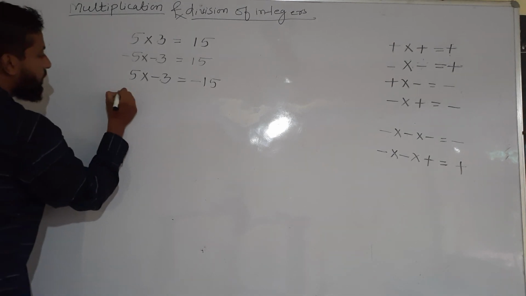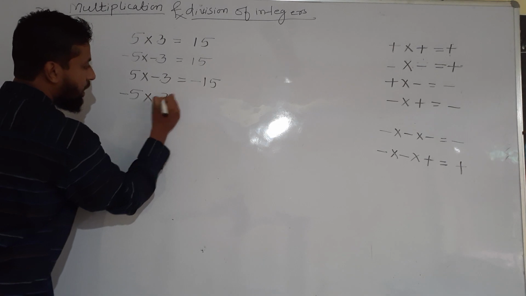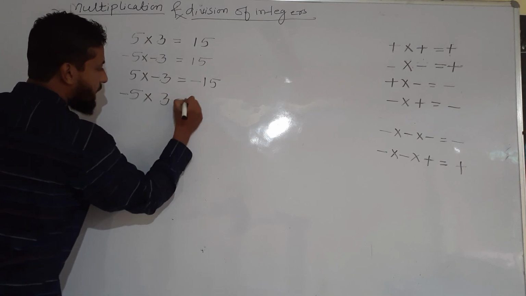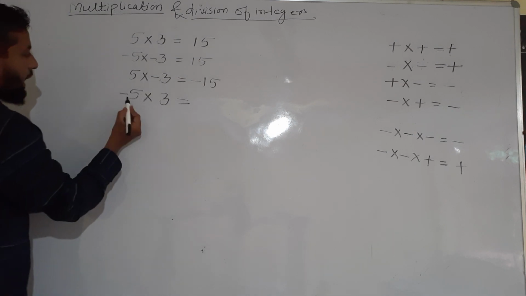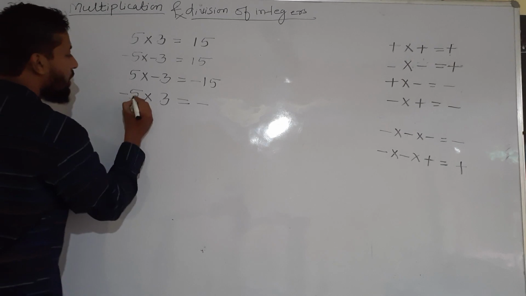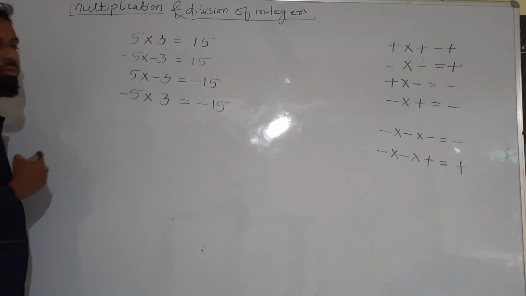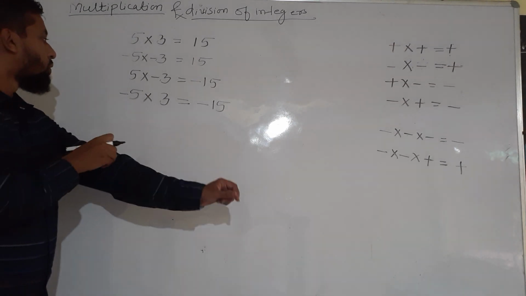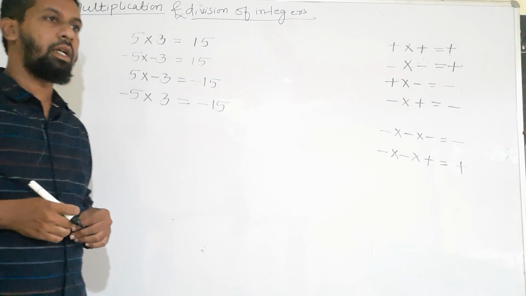And if one integer is minus and the other is plus, let's see what will happen. Again, minus into plus is minus. 5 3s are 15. So we have to multiply the sign first, then the numbers.